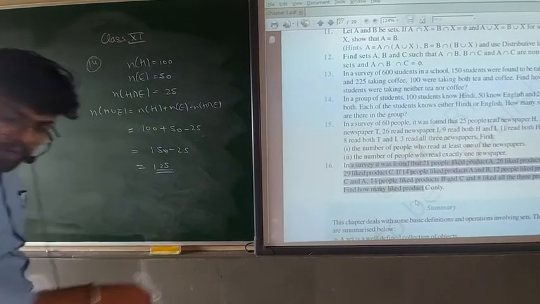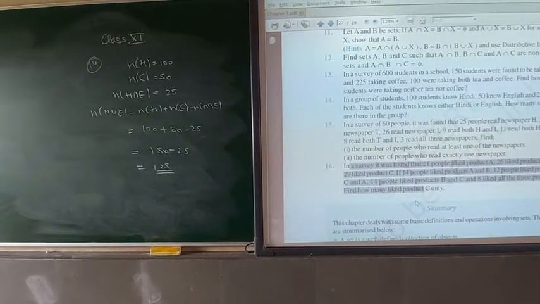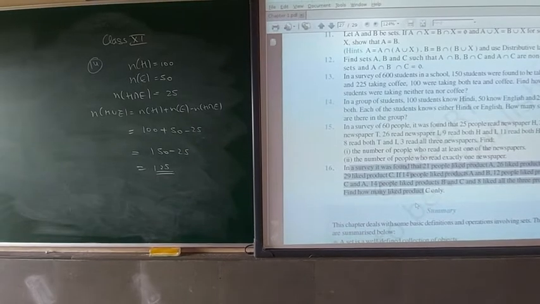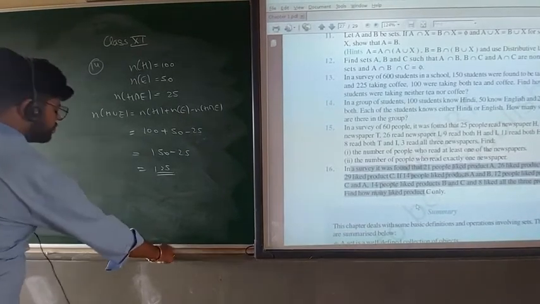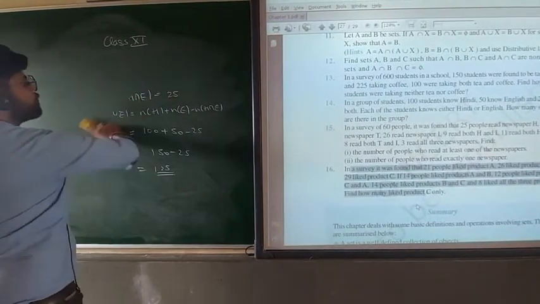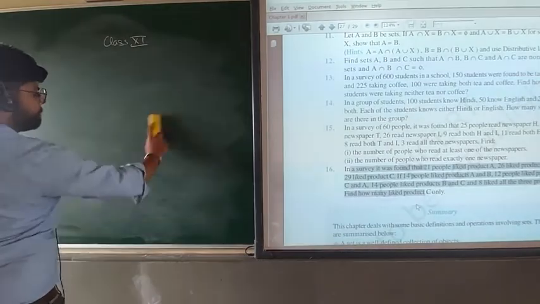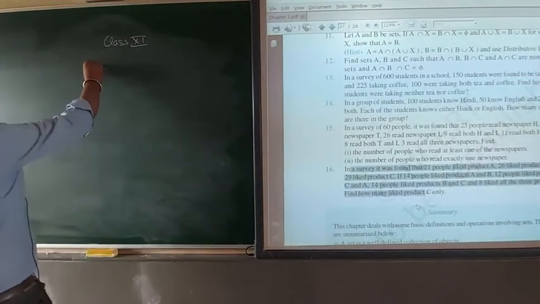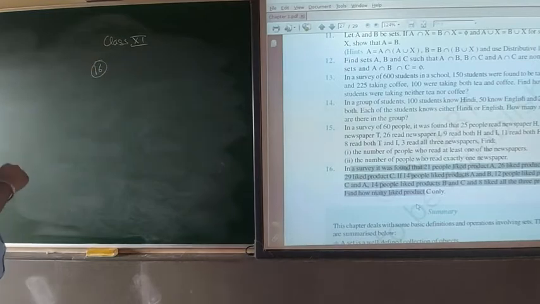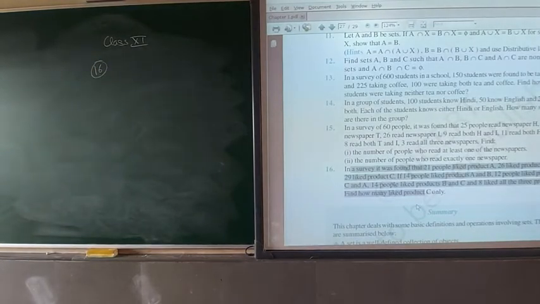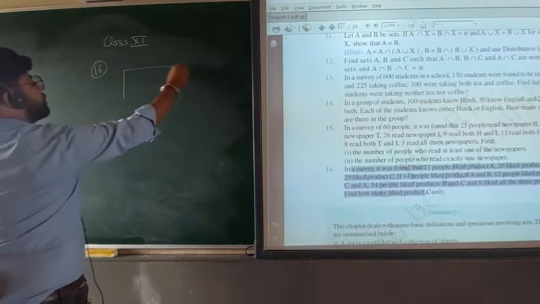That we have to find. So note it down. I will solve it using a Venn diagram.